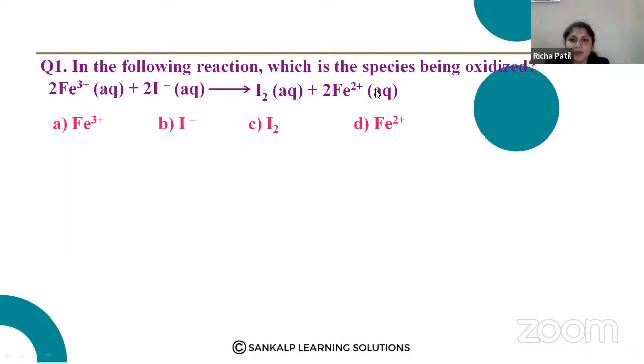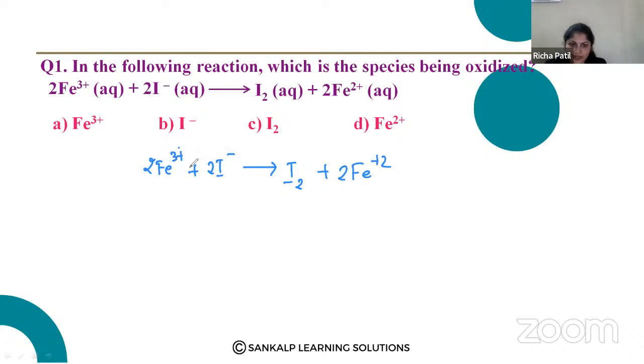In the following reaction, which is the species being oxidized? See the charges. The reaction is 2Fe3+ plus 2I- gives you I2 plus 2Fe2+. Now we'll see with respect to oxidation number.